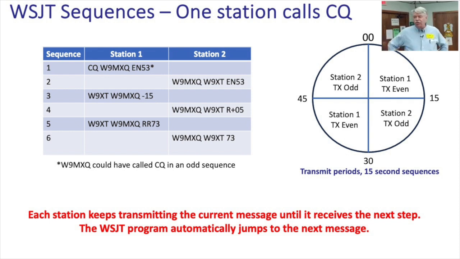He'll continue doing that until either he gets my R05 or gives up. The same thing applies along the different sequences. You keep sending your current sequence until you copy the next sequence, and then the program will automatically adjust to send the proper exchange for the next sequence.